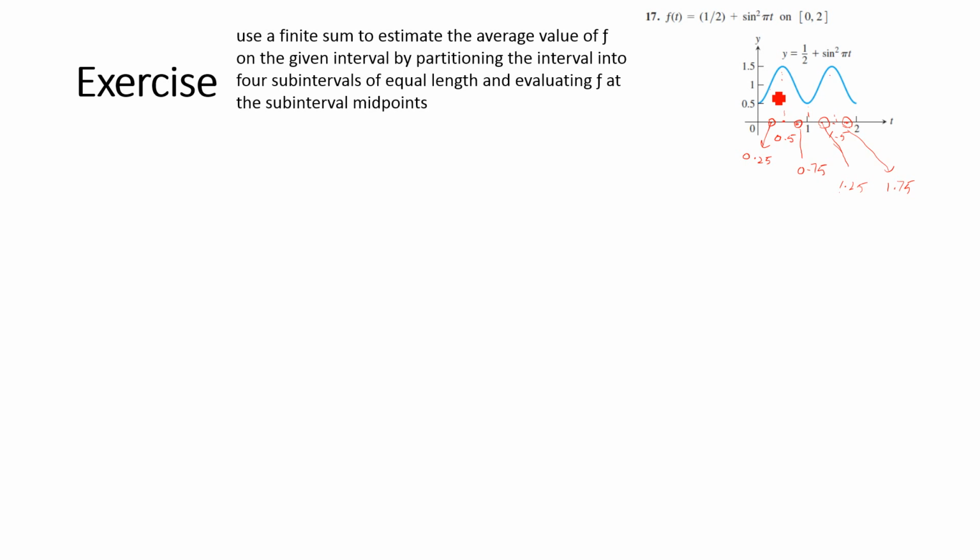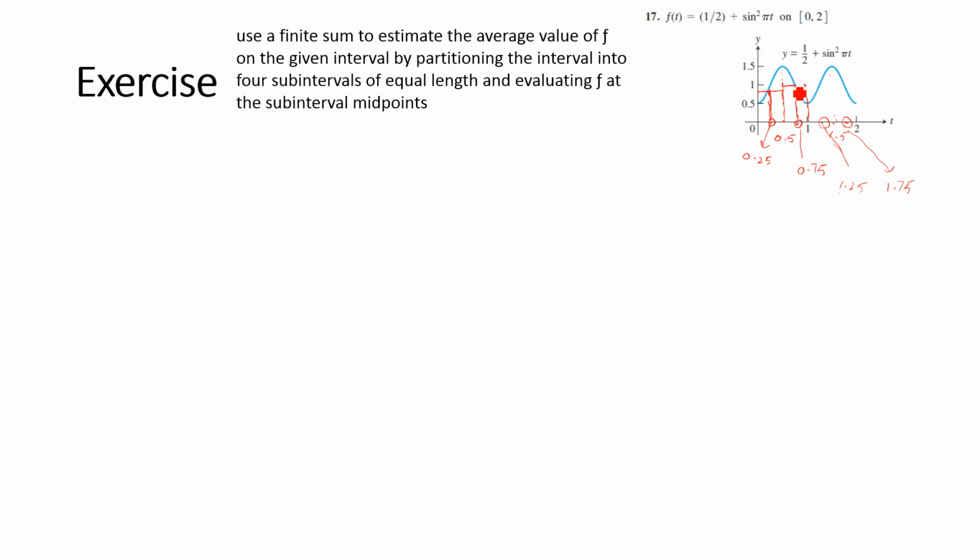Now what we need to do, we have to find the heights of the curve at these points in order to draw. So this is the height at this point. Okay, so we will draw a rectangle in this interval of this height. So this is our first rectangle, right? Okay, now the next midpoint is this, which is 0.75. So let's draw the height, and then we will draw a rectangle in the second interval.